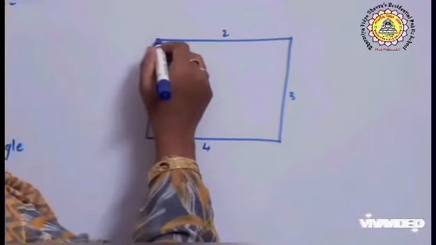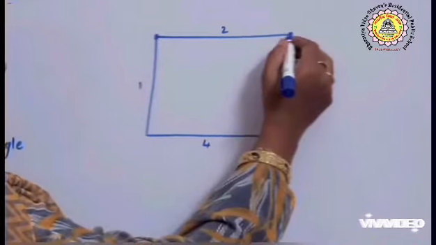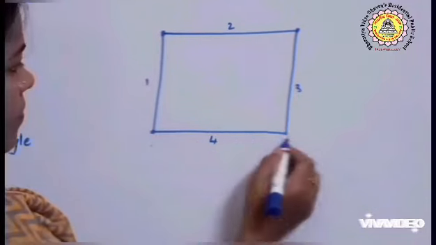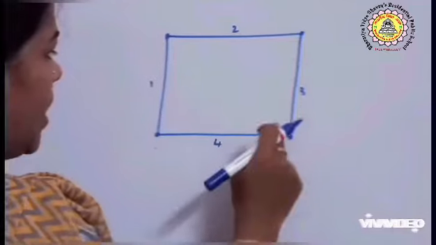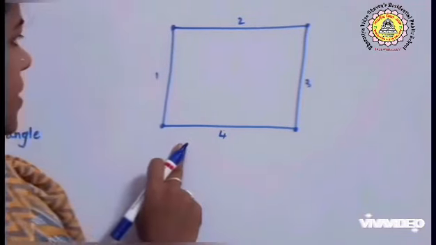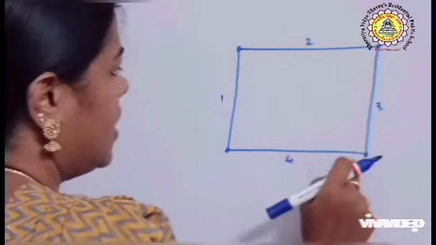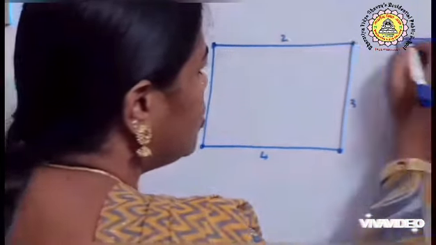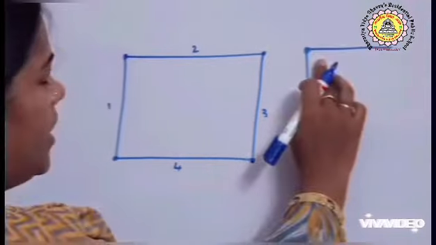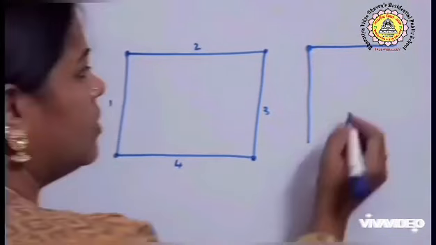And it has 4 corners. These 4 straight lines we can call as sides. 4 sides, and where 2 lines are joined, the joint we call it as corner.